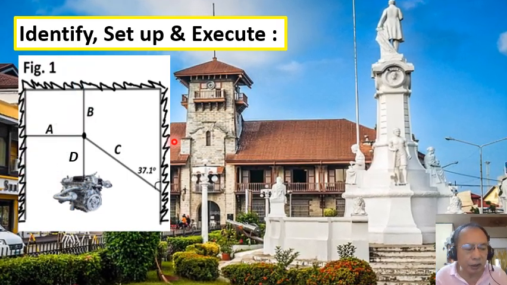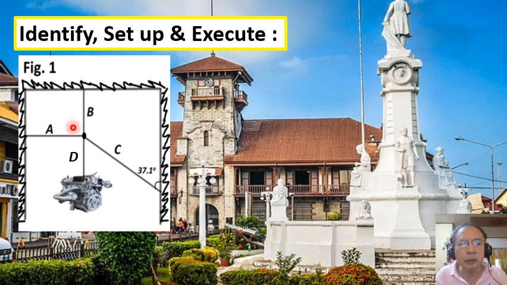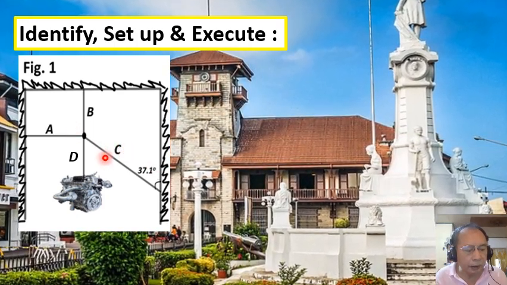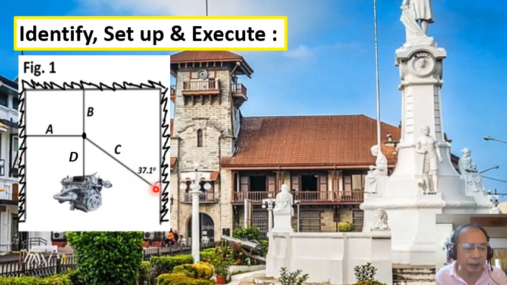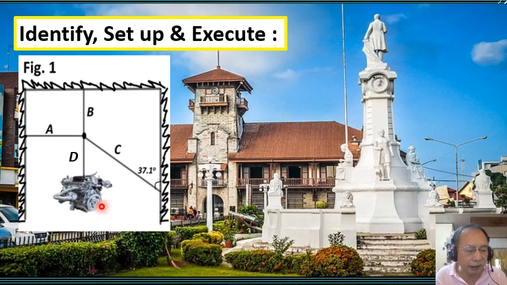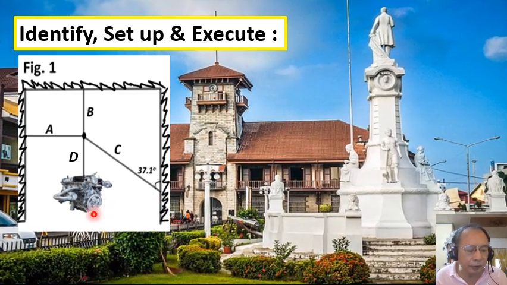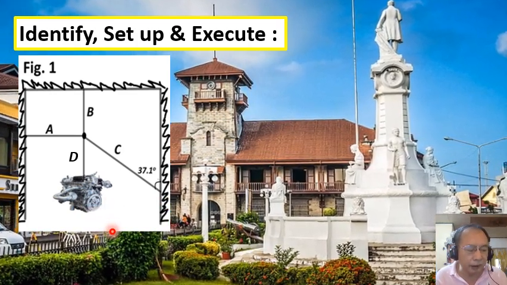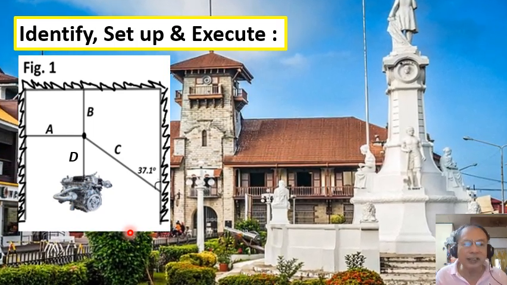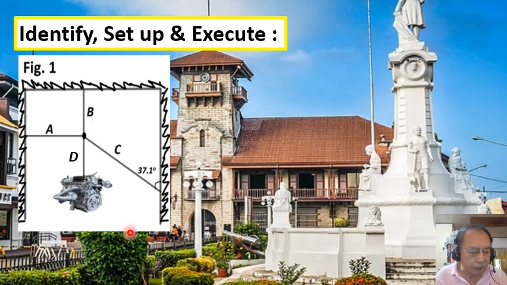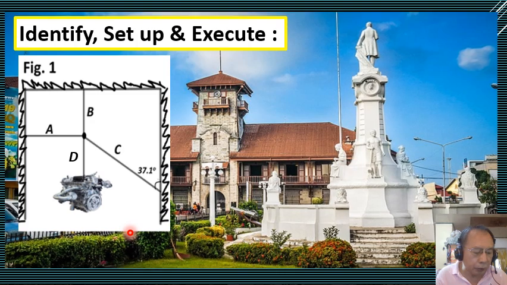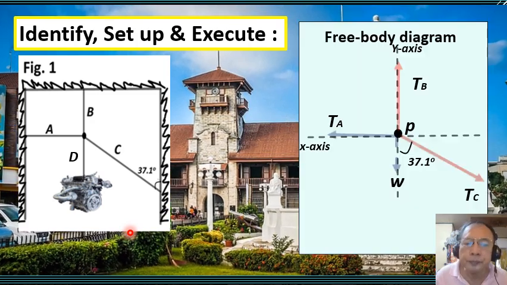To emphasize in the question, cable A is horizontal, cables B and D are vertical, and cable C makes an angle of 37.1 degrees with a vertical wall. The tension in cable D directly counteracts the force of gravity on the engine. It is directed upward and is equal to the weight W of the engine. Each of these forces has been represented by vector arrows in our free-body diagram.